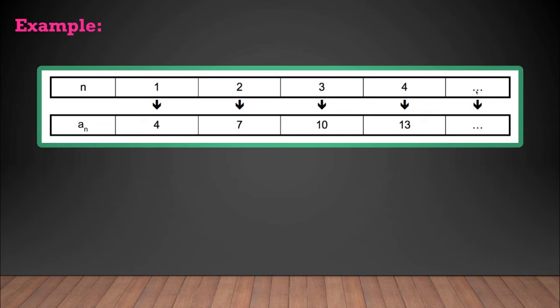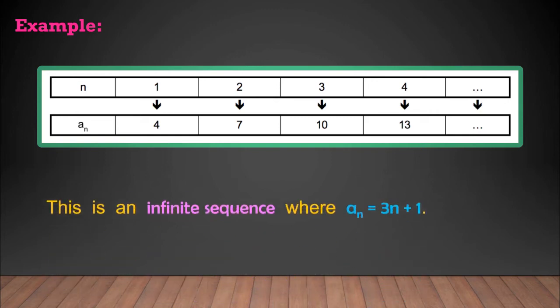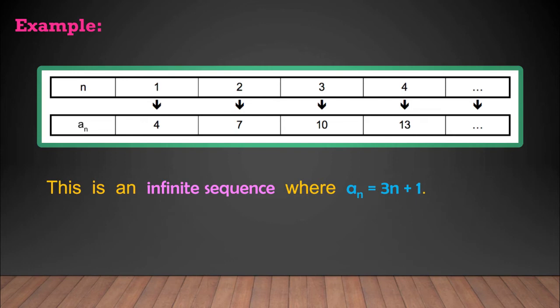So there is no a sub n. This right here is an example of an infinite sequence where the general term, which is a sub n, is equal to 3n plus 1.